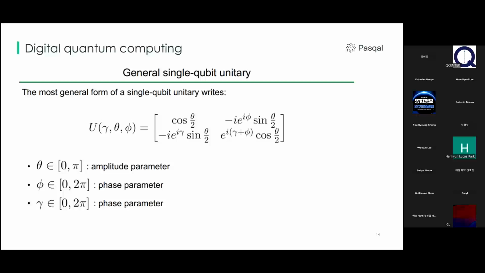So you need to be able to reproduce any kind of evolution over the whole system by applying a series of these elementary operations.